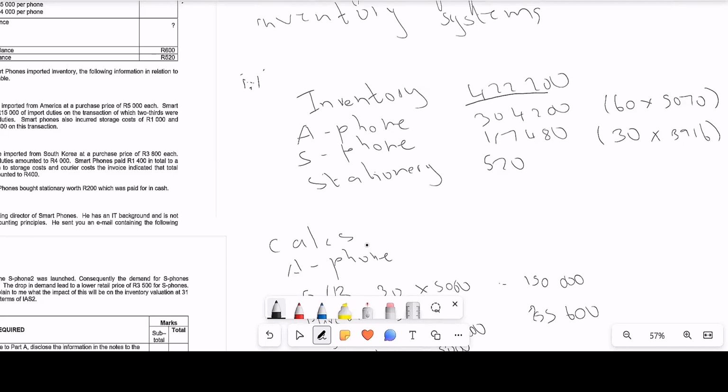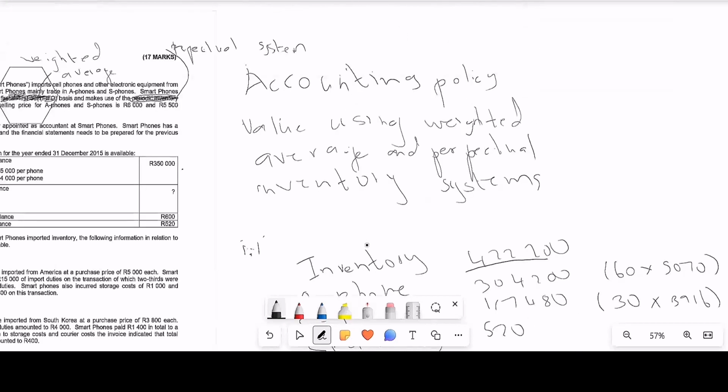So as you can see, with the weighted average, we calculate the total value of our stock that is on hand after purchases, and we divide that by the total amount of units on hand, including the opening balance plus the purchases. Then we get a value, and that value will be the value attached to the stock.